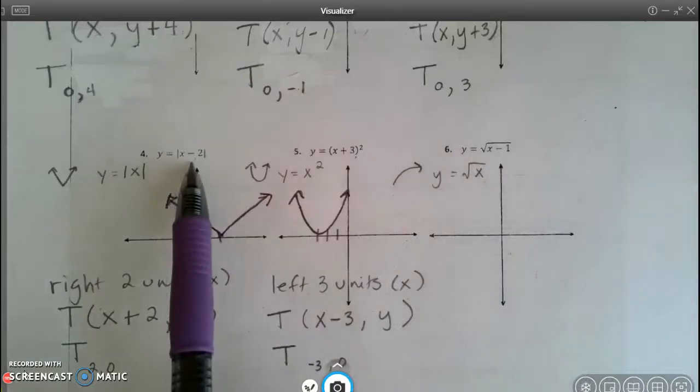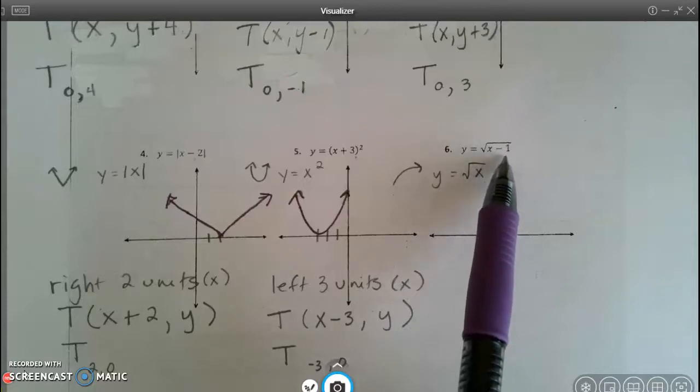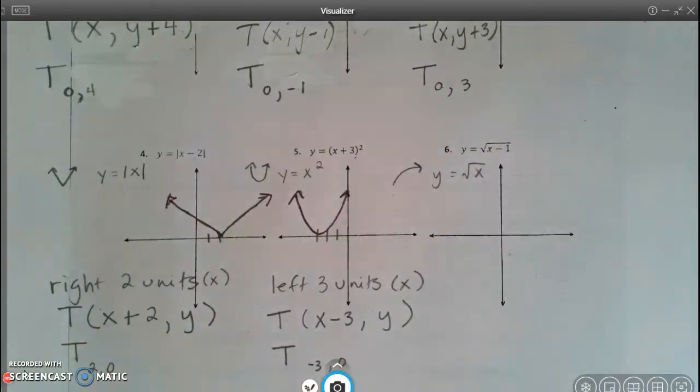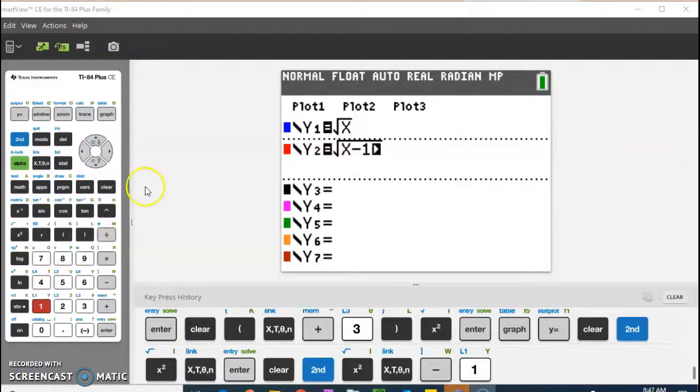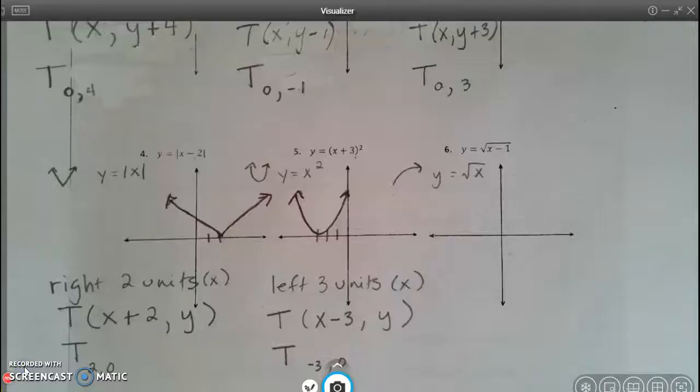Each of these had the number inside the grouping symbol, just like this one. So I'm thinking this one is going to go right 1. Let's check the calculator. In my equations, notice the -1 is under the grouping symbol, and I graph it, and sure enough, it moved to the right 1. And we will continue in our next video.